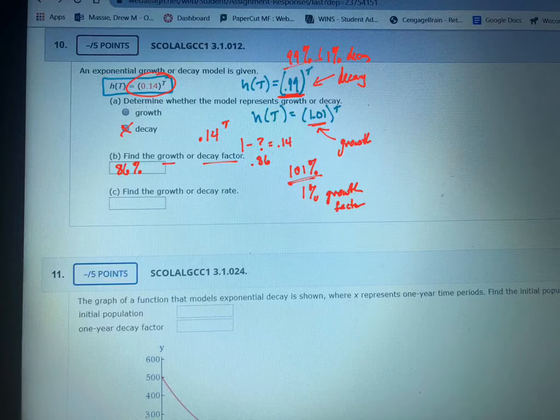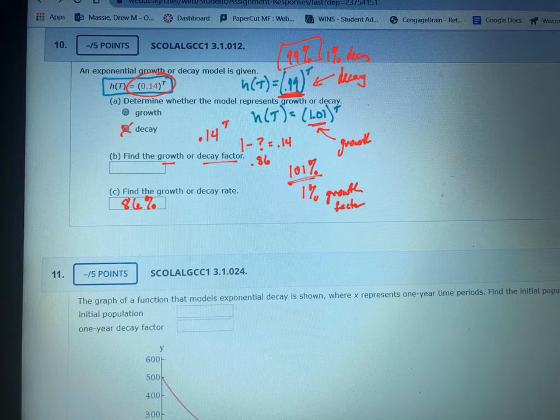And this up here, 0.99 would be a 1% decay factor. Let me see if I'm saying that right. I might be getting those two mixed up. Sorry, I mixed that up. This is 86% decay rate.